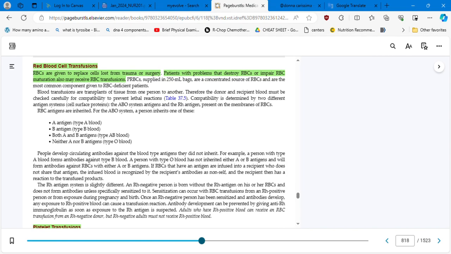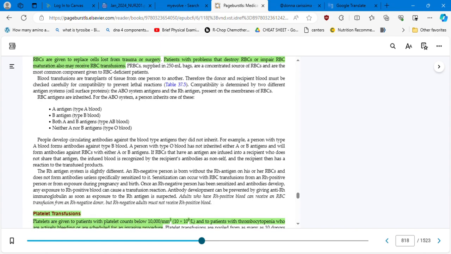Red blood cell transfusions are given to replace cells lost from trauma or surgery. Patients with problems that destroy RBCs or impair RBC maturation also receive RBC transfusions, and we have talked about different conditions in the chapter that they may need RBC transfusions.